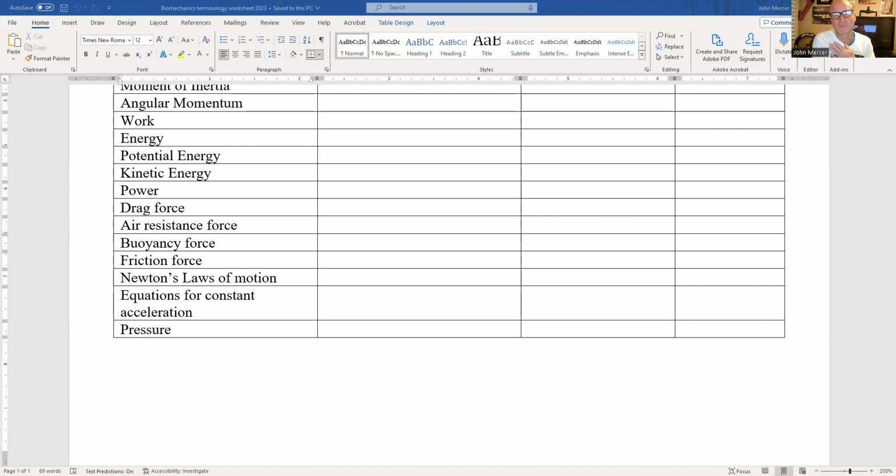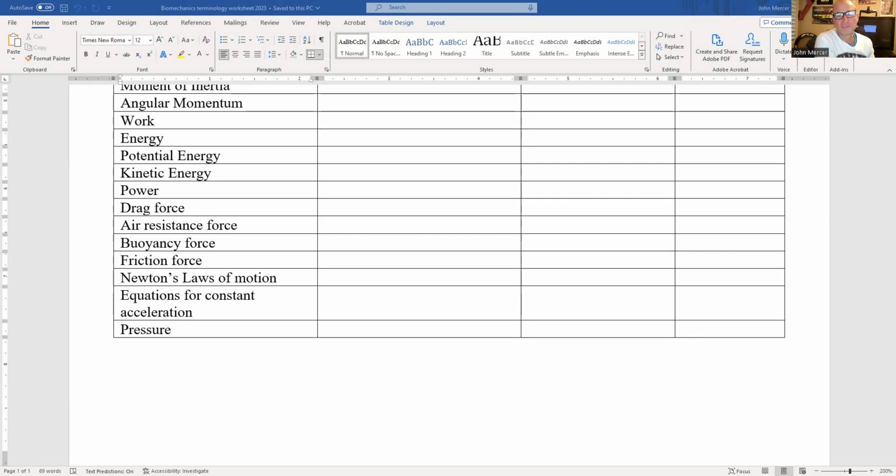That's based upon how smooth the object is, as well as the shape of the object. A is the frontal area being moved through the fluid, and V is how fast the fluid is moving over the object, and we square that V. So 1/2 rho CdA V squared. It's still a force, still has units of newtons.